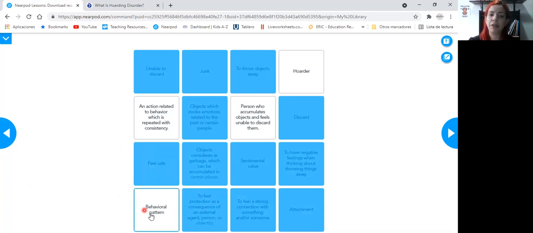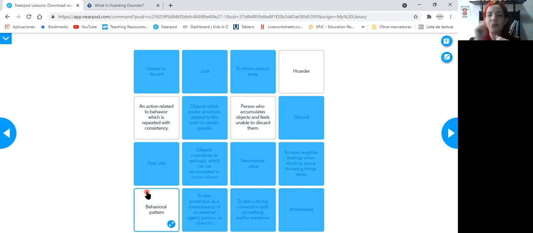Let's see. Behavioral pattern and hoarder. What do you think is each one? Behavioral. Can you identify key terms maybe? Behavioral, behavior, no? Pattern. What is a pattern? Yeah, okay.